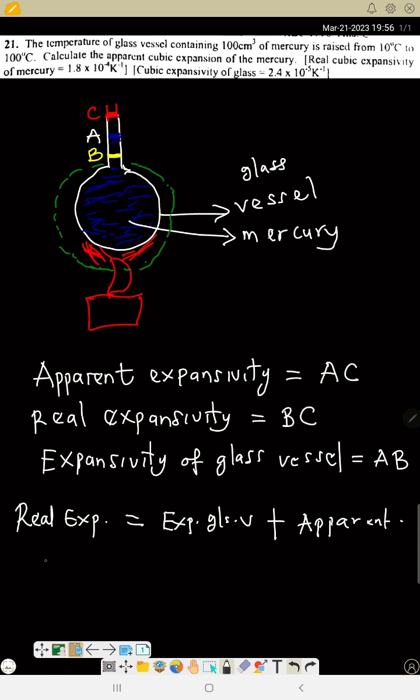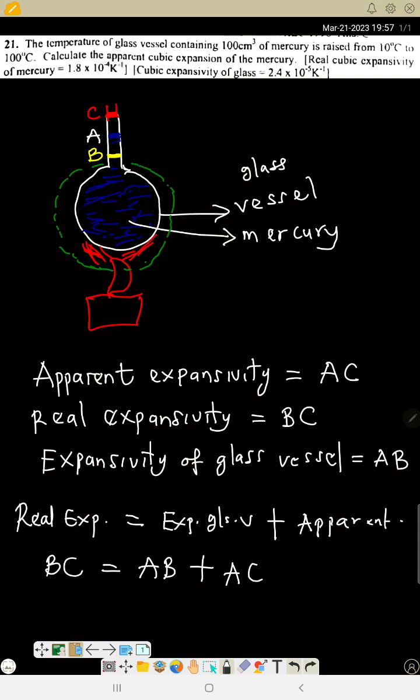So that is real expansivity, which is BC, from B to C, equals the expansion of the vessel, that is AB, plus the apparent expansivity, what we can just see without the expansion of the vessel. AC, from A to C, is the apparent expansivity.